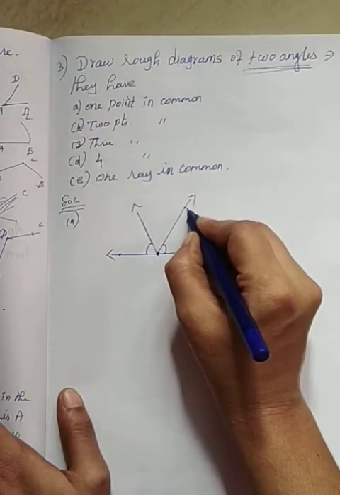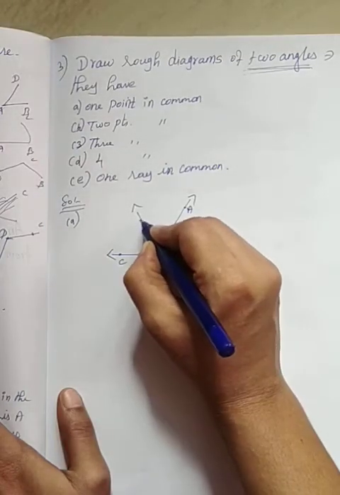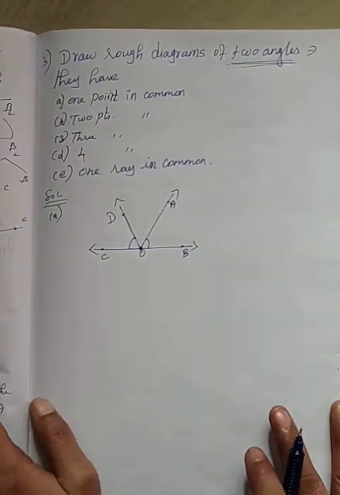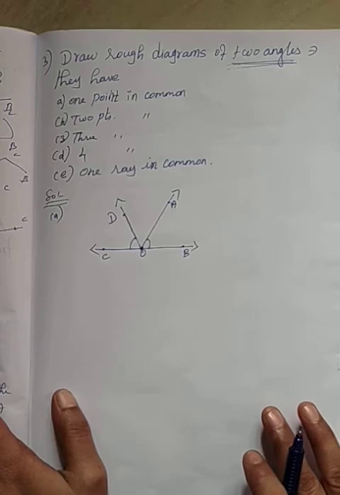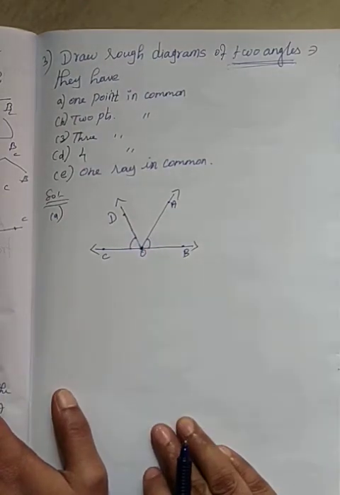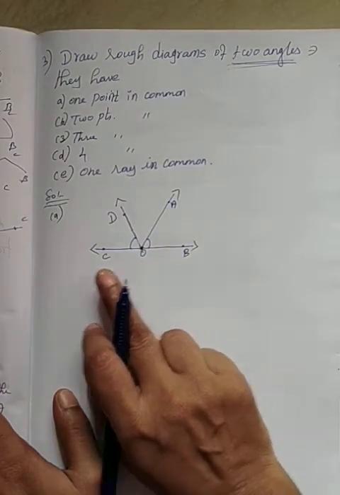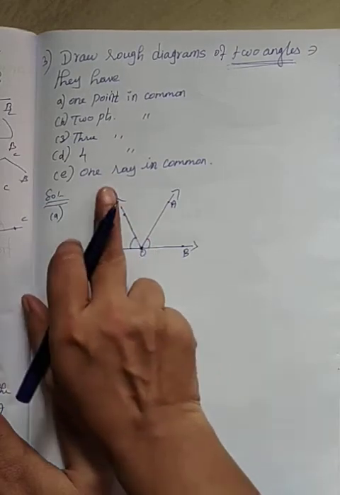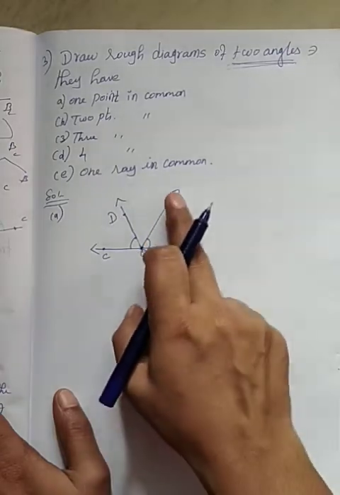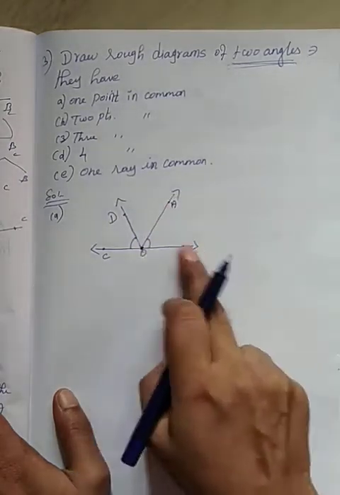So we have to note down the points. This is A, this one is B, C, this is D. Here the vertex point is O. So this is the example for 1 point and two angles. Clear? So O is the common point between the angle COD and then the angle AOB.